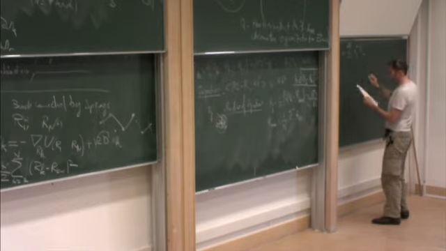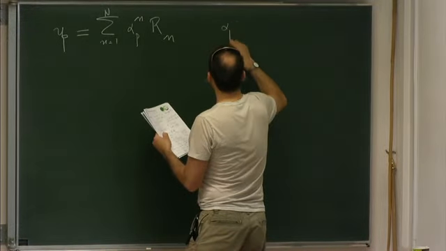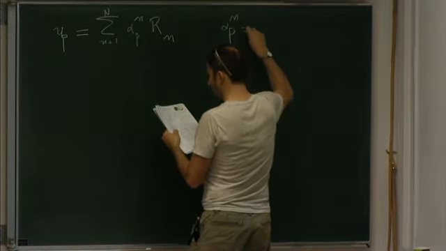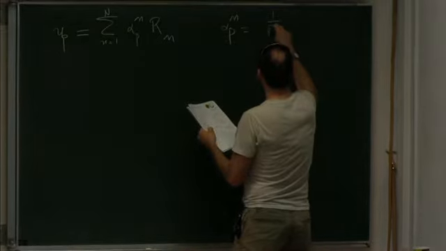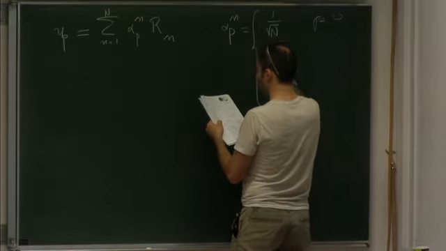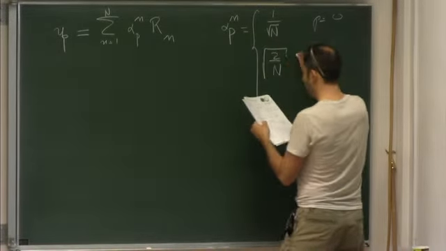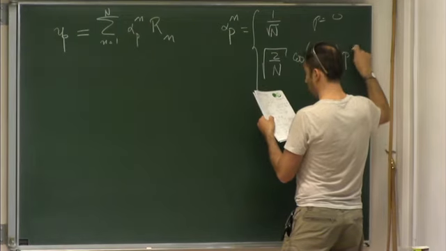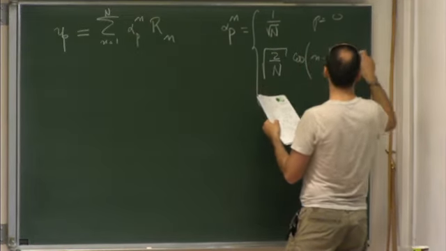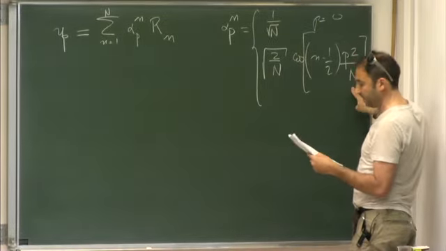You sum over all of these. And let's take alpha pn, which is the matrix that is 1 divided by square root of n if p equals 0. Otherwise, we take the square root of 2 over n times cosine of (n minus 1/2) times p pi divided by capital N.